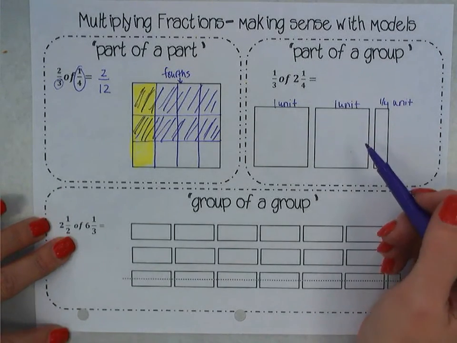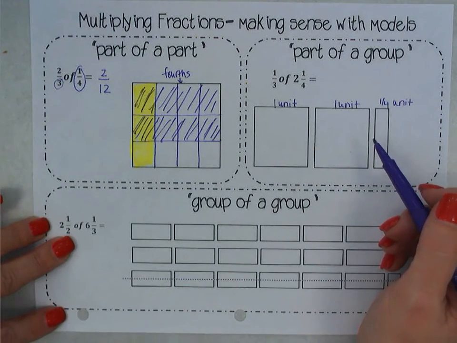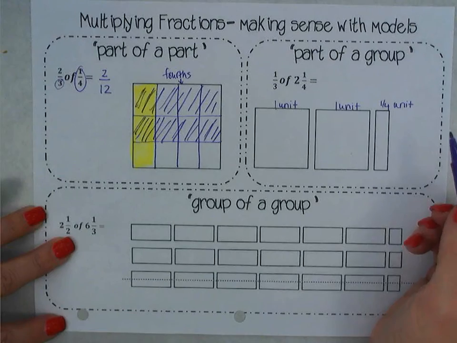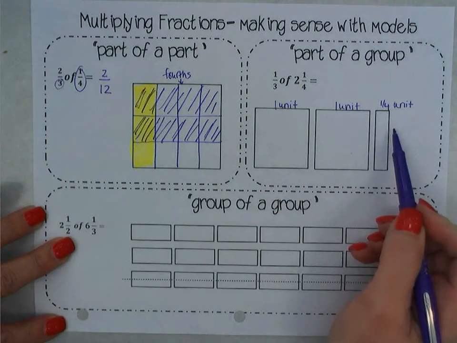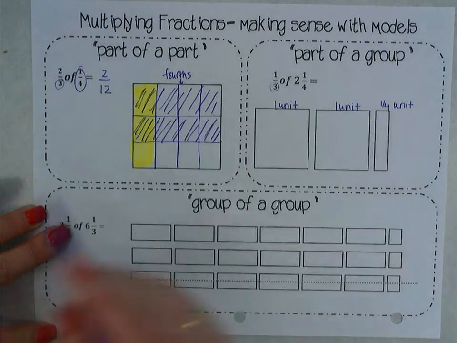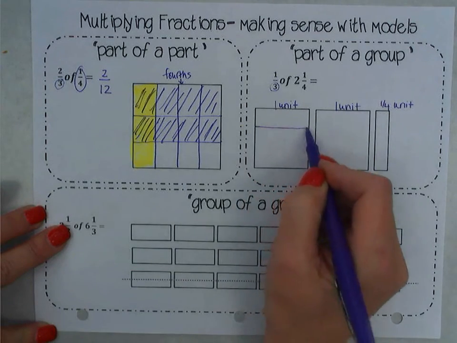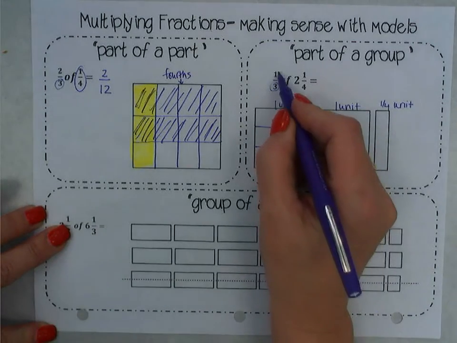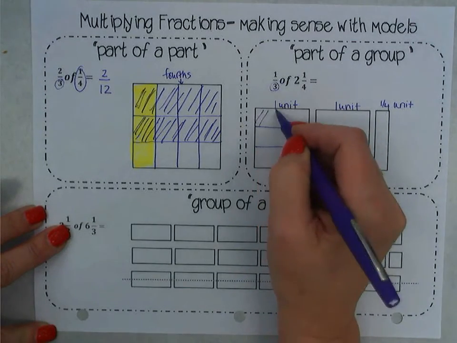So if I want 1/3 of a 2.25 pound block of cheese, I would need to take my model and partition this into 3 parts. So each unit here will get separated into thirds, and the numerator tells me I need 1 of those thirds.